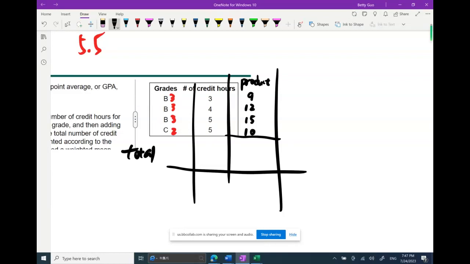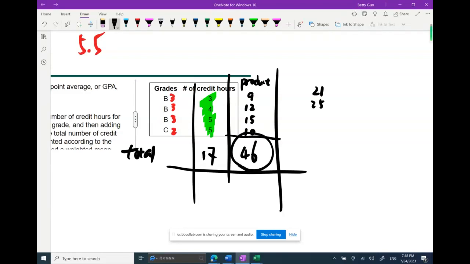This is 21, 31, 46, and let me double check. 21 plus 25 is 46. 9, 12, 15, 10, so 25 plus 21, 46. And then we also need to add up those credits. 17. 5 plus 5 is 10, 10 plus 7 is 17.